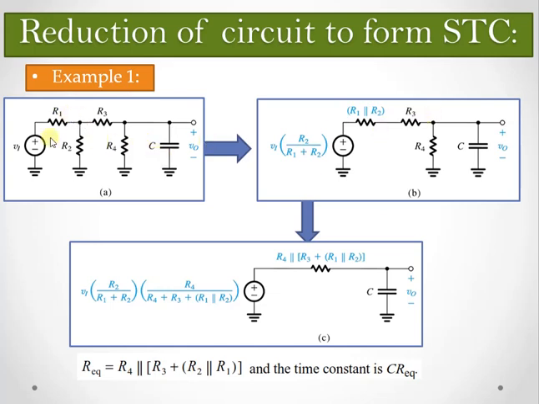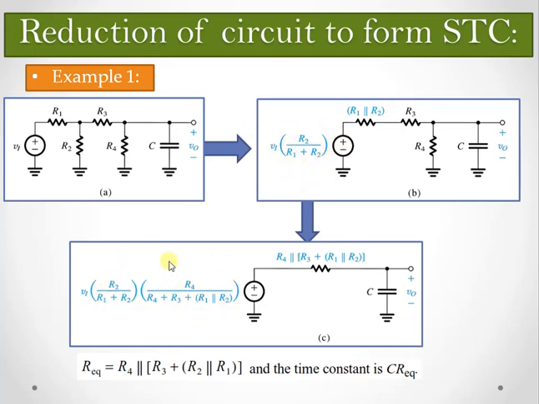First we will try to reduce this part of the circuit, wherein we will consider R1 parallel with R2, and we obtain the Thevenin voltage as VI into R2 divided by R1 plus R2. Resistance R3 remains the same and resistance R4 remains the same. Now we have this resistance in series with resistance R3 in parallel with resistance R4. So we need to compute the new Thevenin voltage.